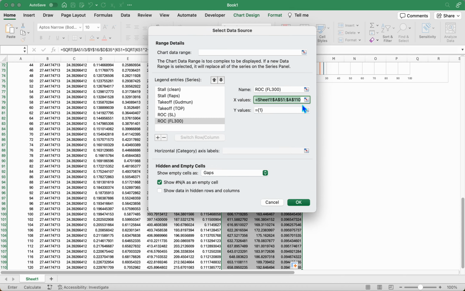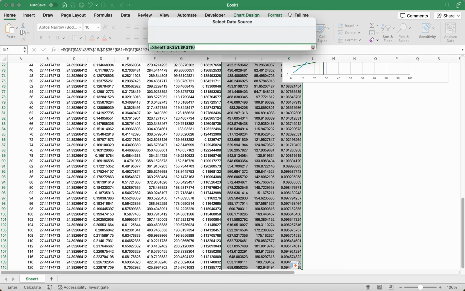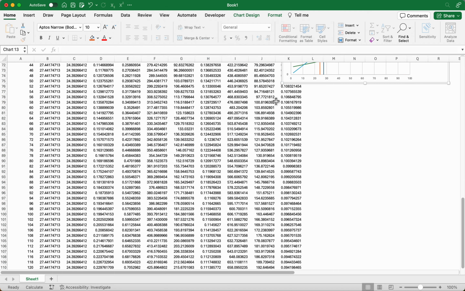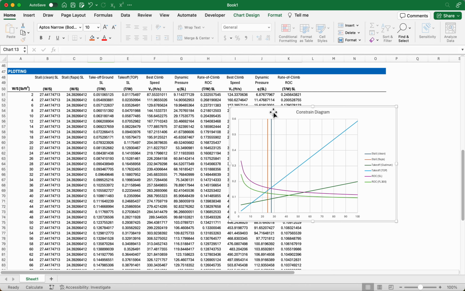We have our X column, our wing loading, and our Y column, our thrust to weight ratio. So we can see if we want to maintain that climb rate at 30,000 feet now, we have to have more thrust for a given wing loading. So if our wing loading is still at 24, 25, we need to have a higher thrust to weight ratio in order to meet that.